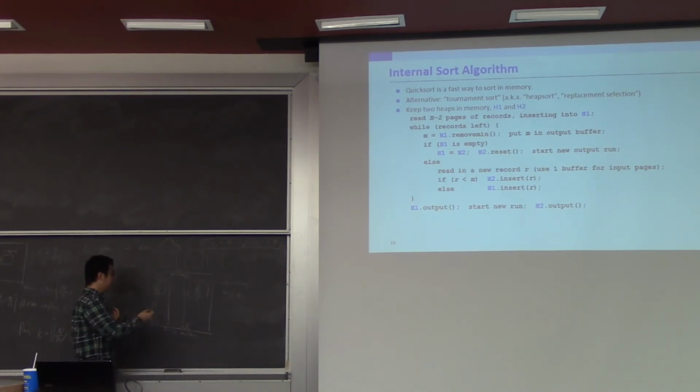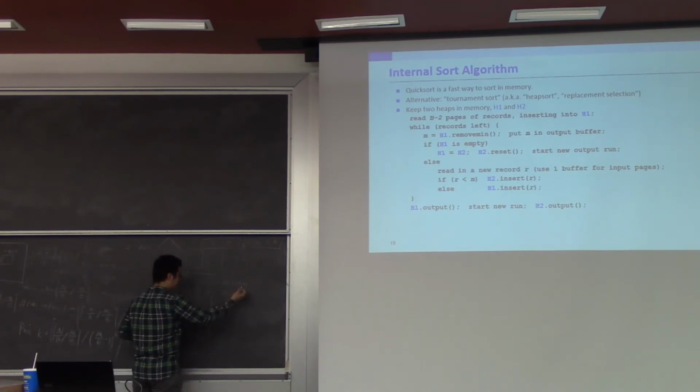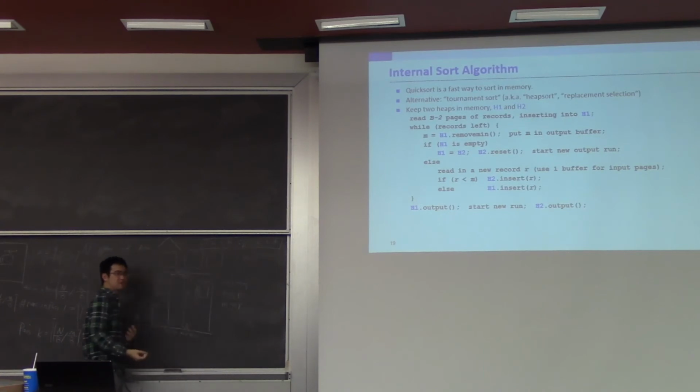Then what if this doesn't hold? That means m is greater than R. Then you put this number into the next run. That's where H2 comes in handy, because this tuple doesn't serve the current run. The current run only gets data from H1.